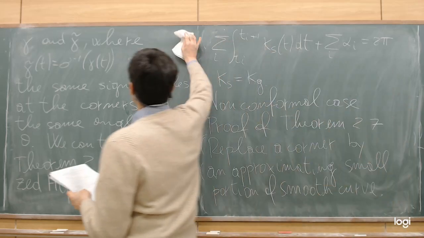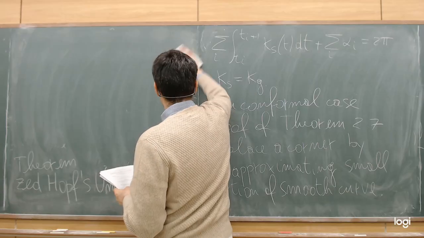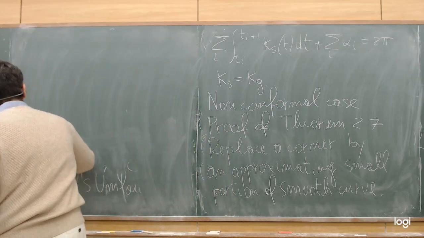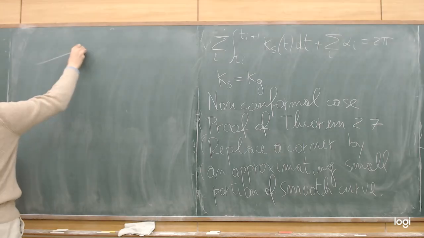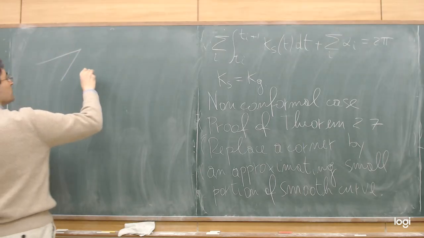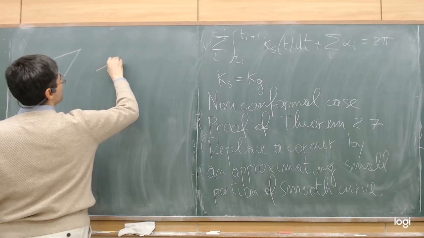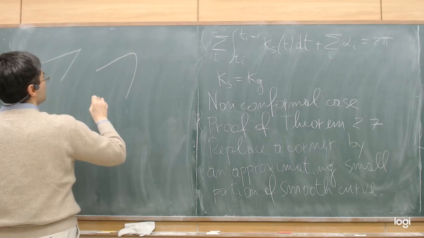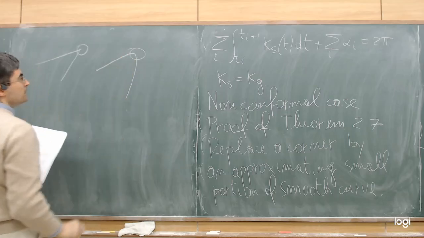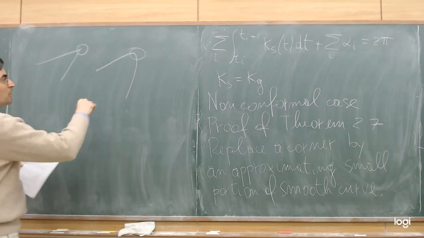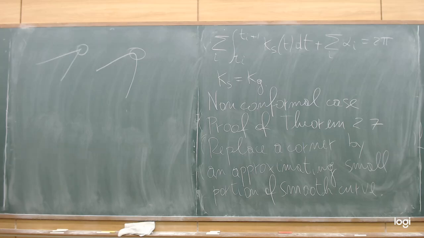For example, if you have this, then you replace it by this, so this corner disappears, and now the curve becomes smooth and regular.